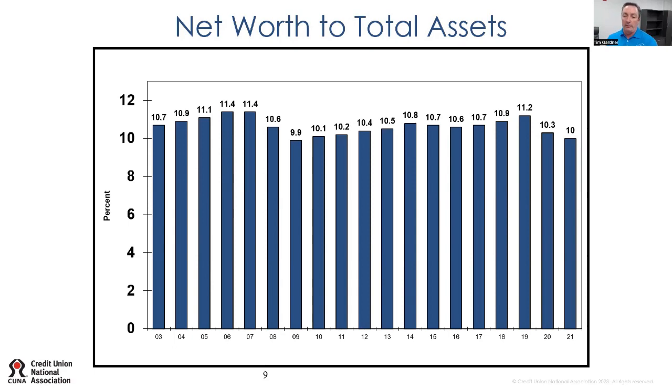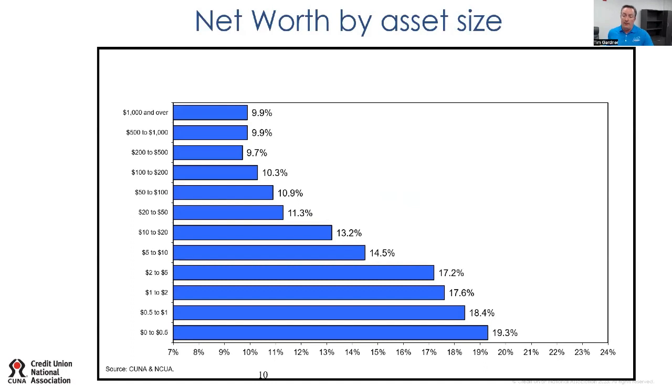As we talked about, if something goes wrong and we have a negative bottom line, we're going to go to the net worth section to cover that. So that's how the ratio works. Then we can see by asset size. So credit unions that are over $1 billion are on top.